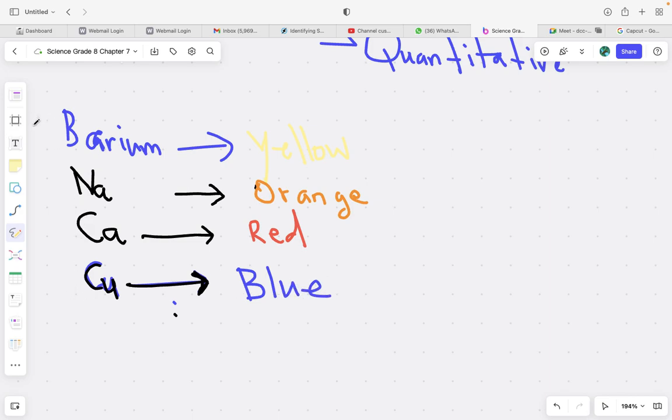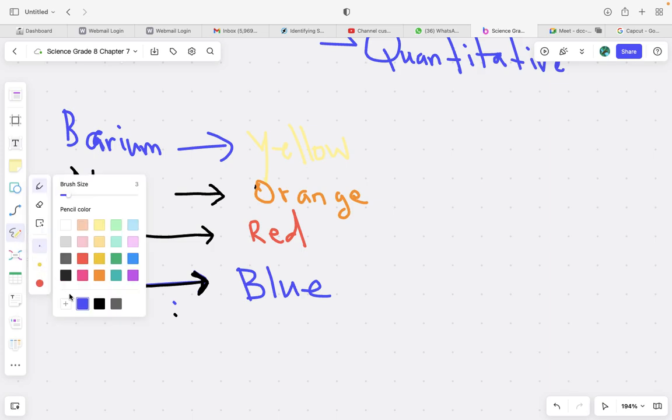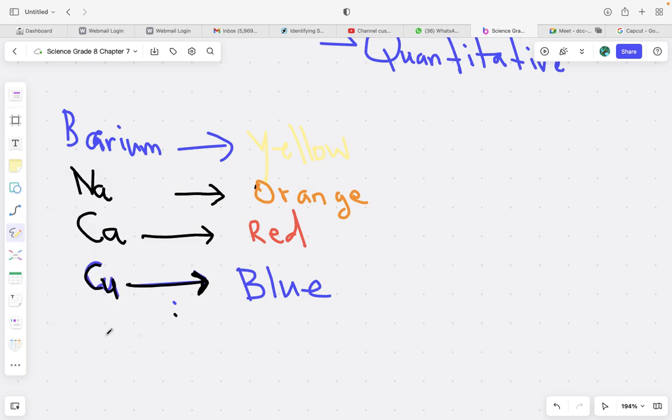Okay, which other element did we mention? Potassium. Potassium is K, you know, right? Yes.